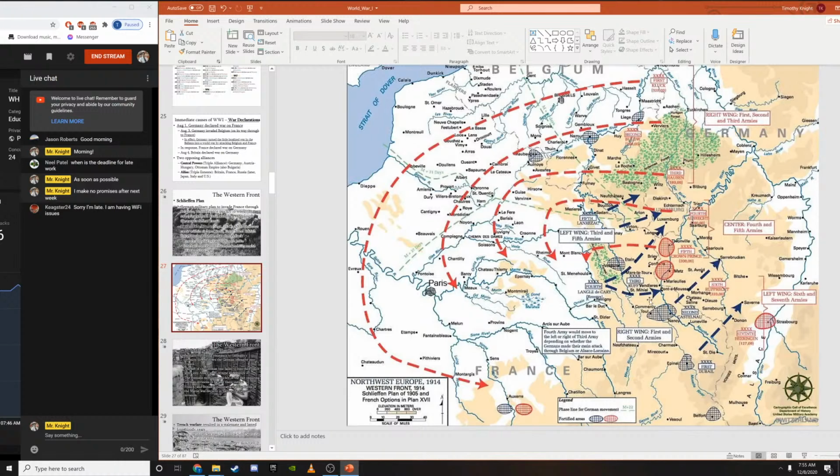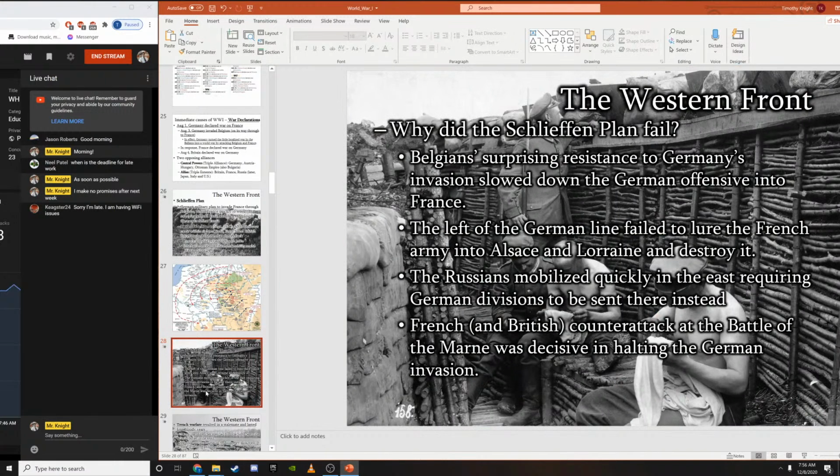And the left wing down here, which is what I was talking about, the German left wing, does not lure the French forces far enough out. And instead, they're able to turn back, and they get kind of dragged down in this Battle of the Marne that turns the conflict into a stalemate.